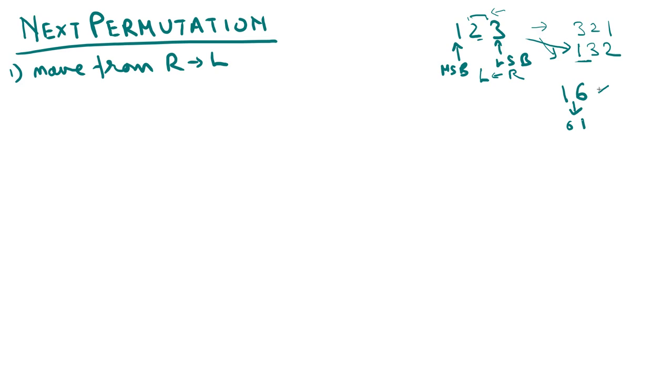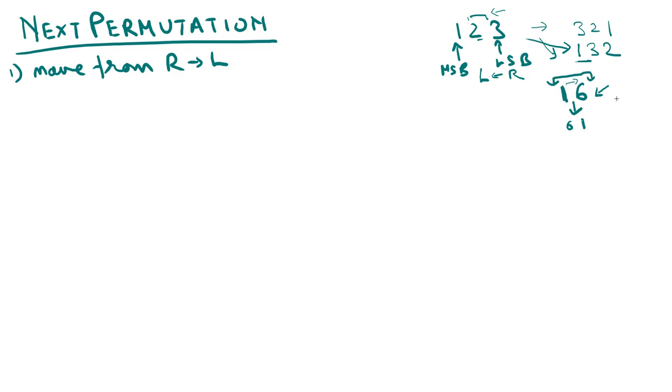So what I want to depict here is that we should be interested in finding such combinations where we have a number and to its right there is a number which is bigger than it. The number to the right should be more than the number on the left, because if you get such a combination, when you swap it, then you have a chance of getting a bigger number.